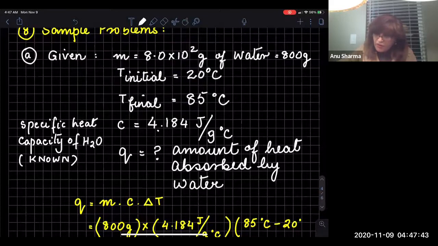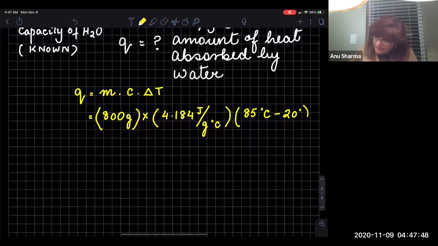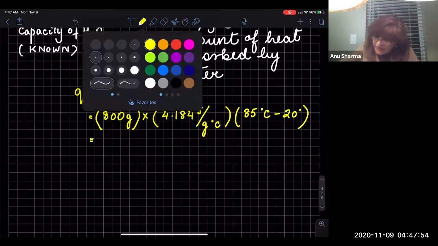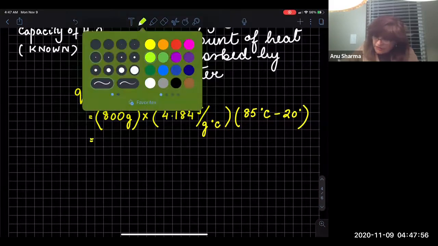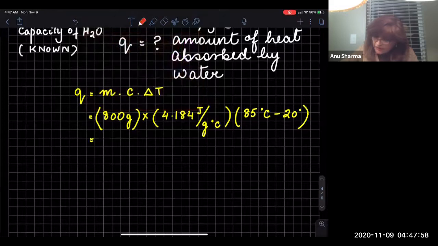So now we are going to do the math. Here we have 800 grams, and 800 grams cancel out.